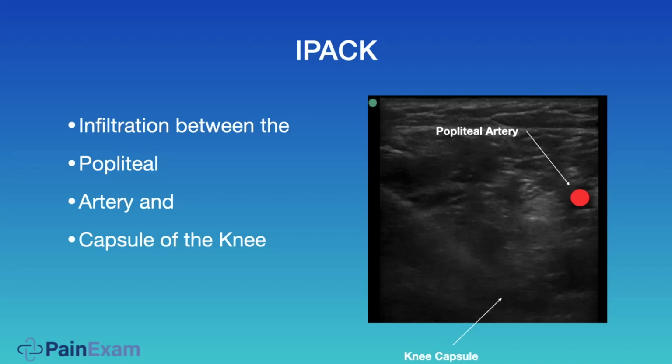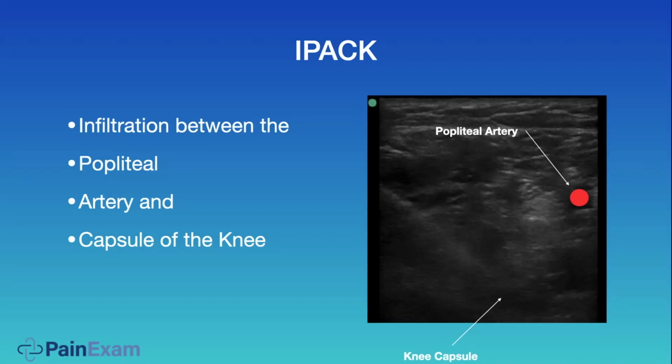Here's another great procedure. The biggest problem with this procedure is, I think, the billing. They don't recognize this as a code, the IPAC block, the infiltration between the popliteal artery and the capsule of the knee. So they recommend coding this as 64999, which is an unlisted code, and in many cases means you won't get paid, not every case.